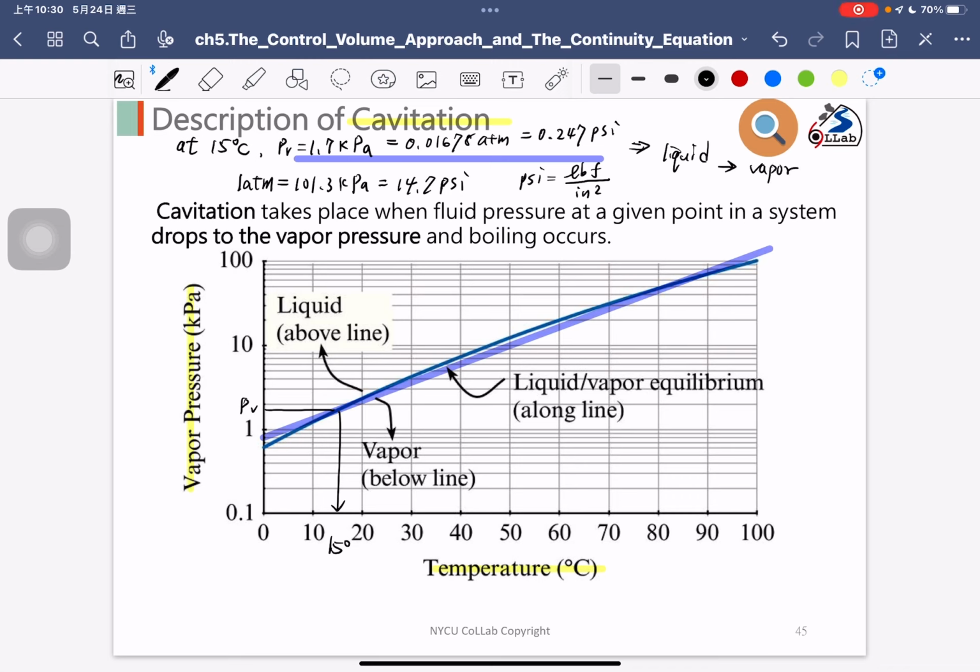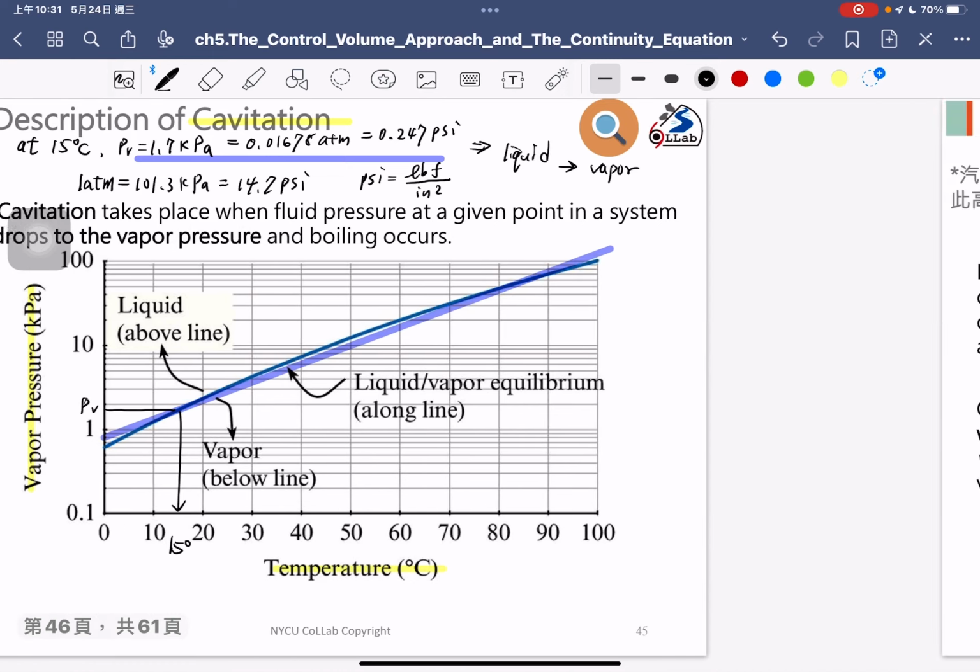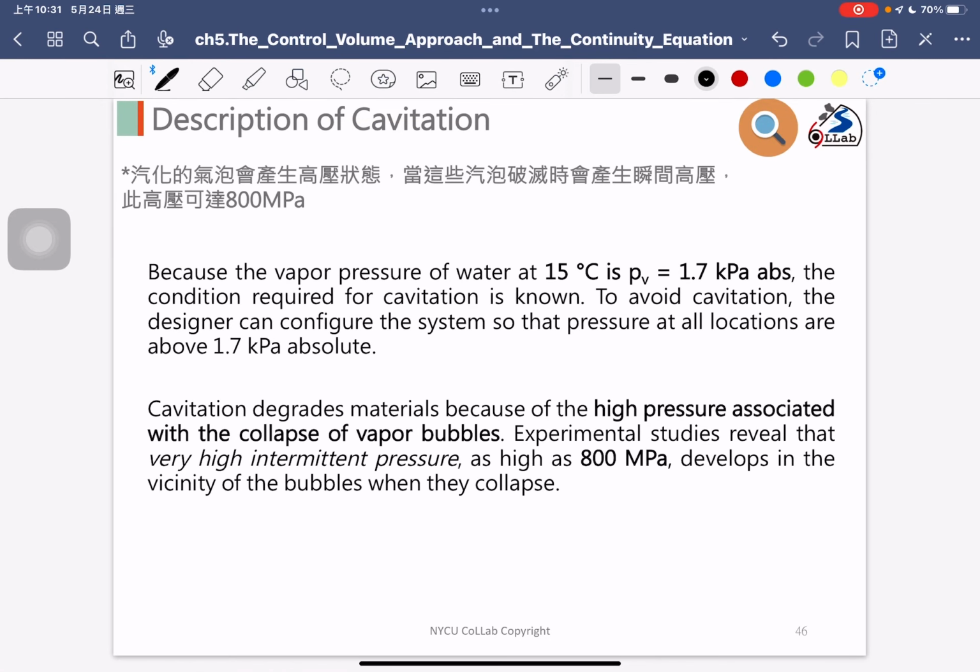Okay, and what's the problem we will have? When the environment condition is quite lower than the vapor pressure, the liquid will become gas bubbles. But the problem is when the vapor bubbles break, that will induce higher pressure.